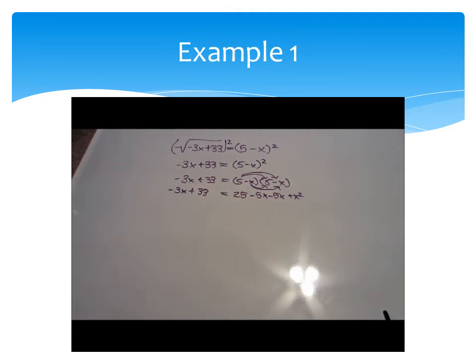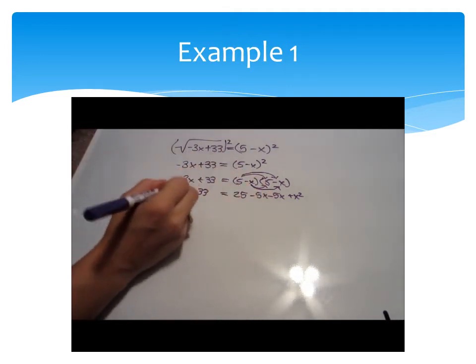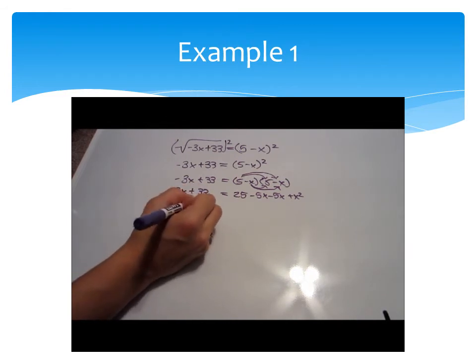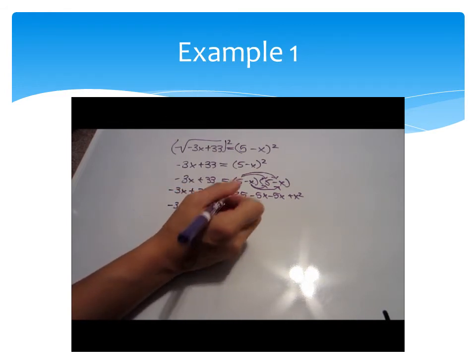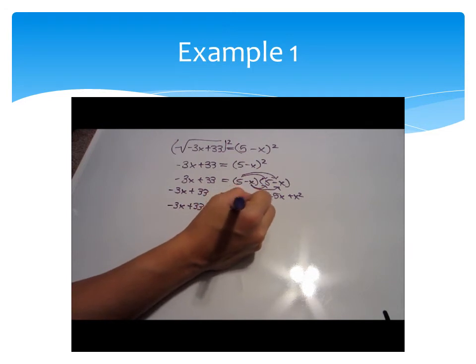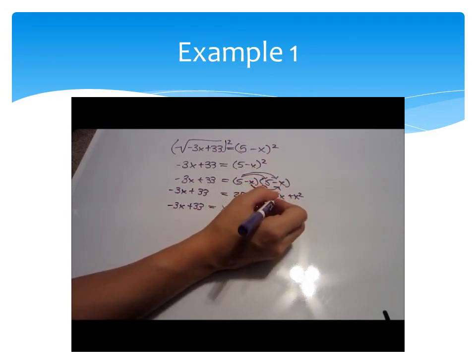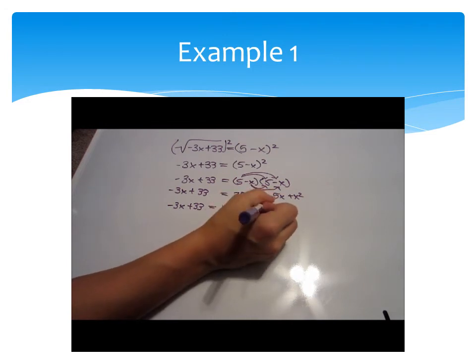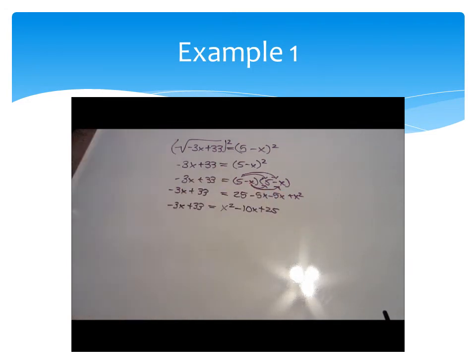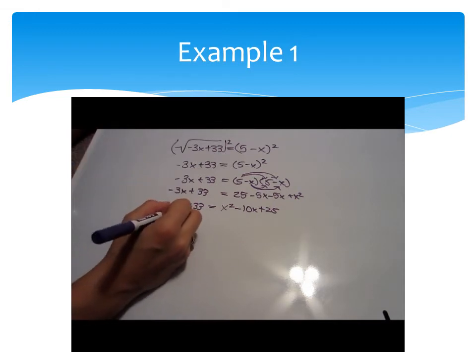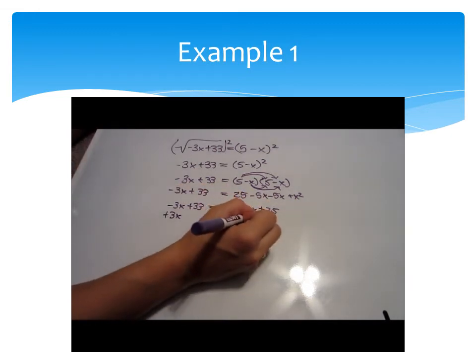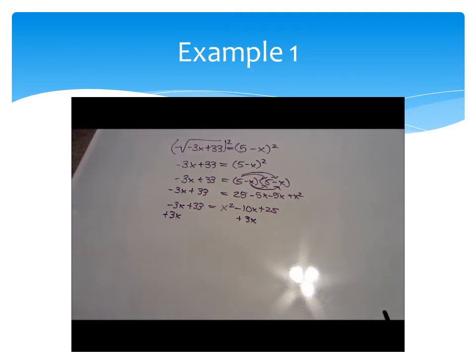Now we have to combine some terms. So we get minus 3x plus 33 is equal to x squared minus 10x plus 25, and that comes from minus 5x minus 5x being minus 10x. Now we need to get everything on the same side, so I'm going to add 3x to both sides. Notice I'm adding it to the 10x because they're like terms.